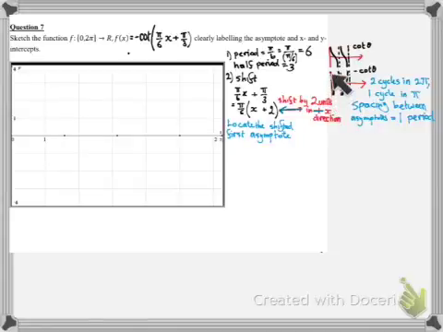Usually on a graph like the negative COT graph, the first asymptote, without a shift, just sits on the y-axis.